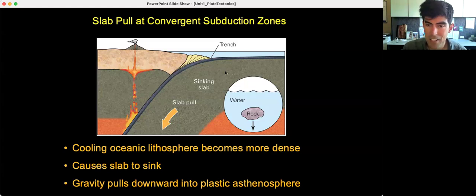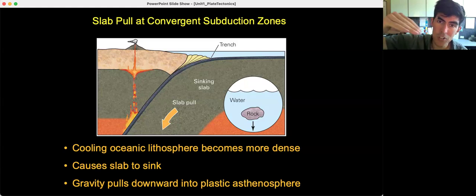This dense slab, this plate, once it becomes subducted, is essentially sinking down into the earth. And it is attached and connected to the rest of the oceanic plate.